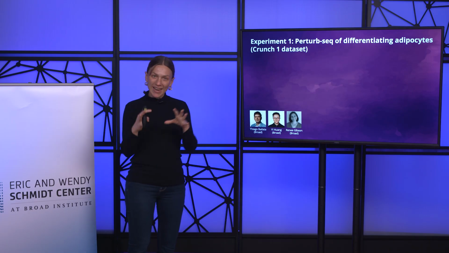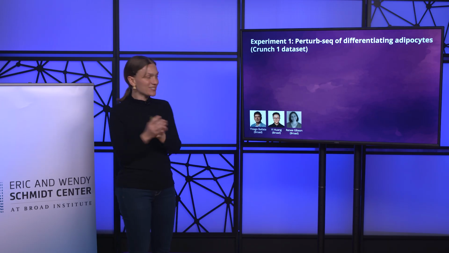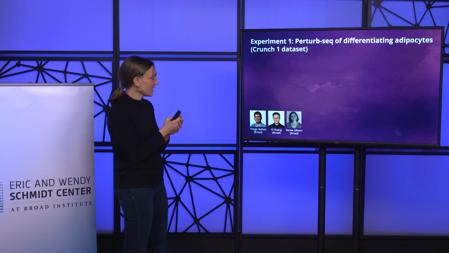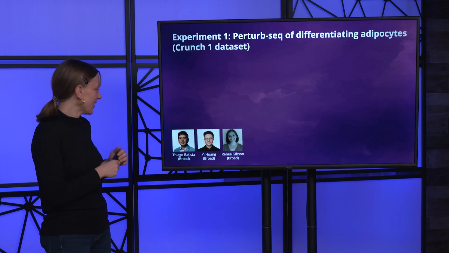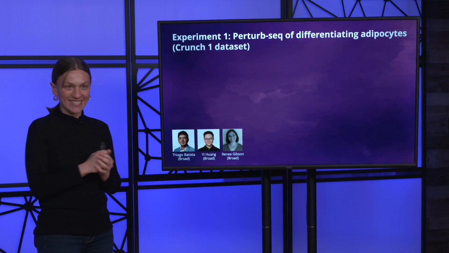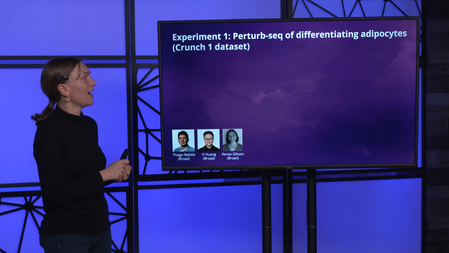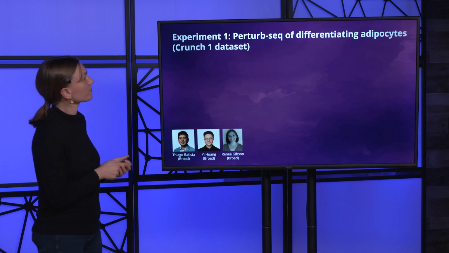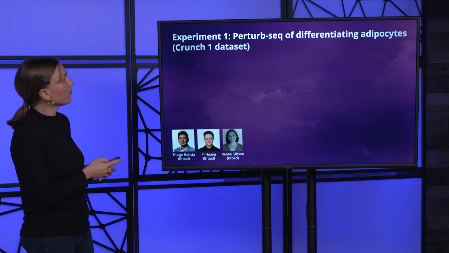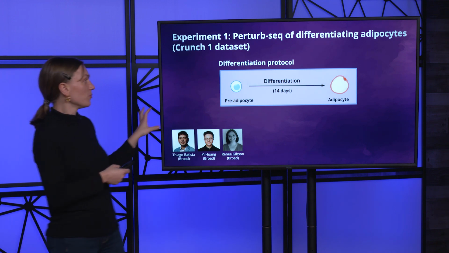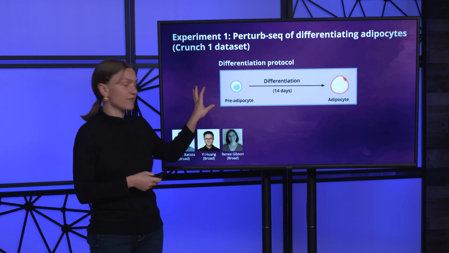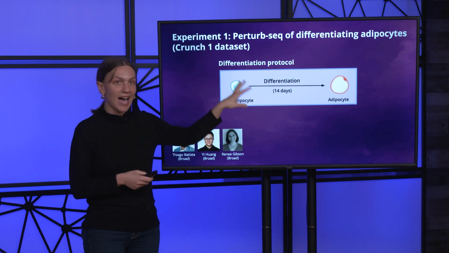And so combining the biology and the technology, what's the experiment that was actually performed? So first of all, this was performed by three expert scientists at the Broad Institute, experts on adipocyte biology. And what the team did was to take pre-adipocytes and differentiate them in the lab in a dish.